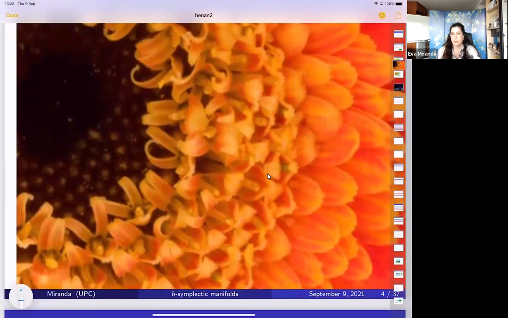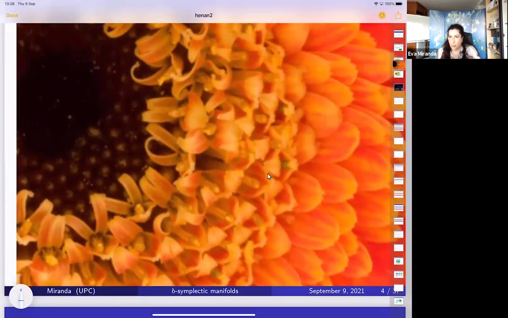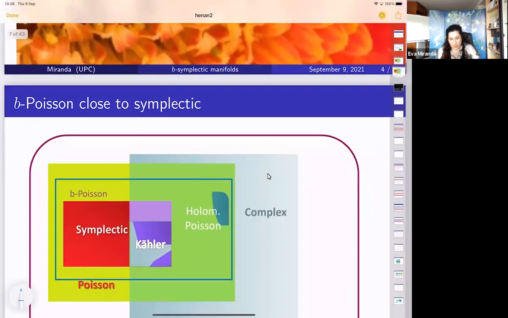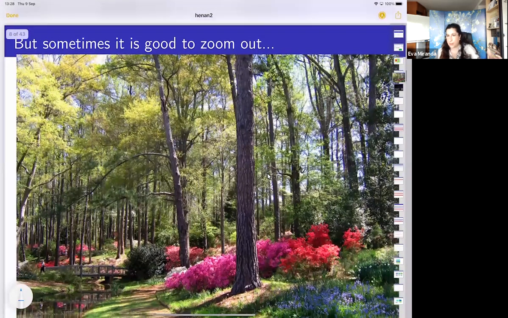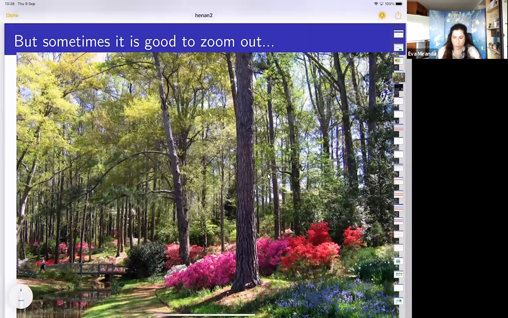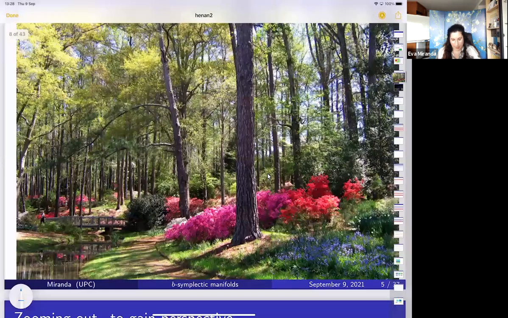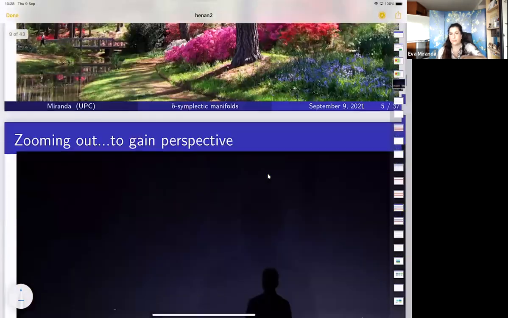Sometimes it's convenient in life, if you want to look at the details of a picture, to zoom in. But when you zoom in too much, maybe you don't recognize that you have a flower and you lose the beauty of the flower. So sometimes it's good to zoom in, but sometimes it's good to zoom out to see this flower as part of a garden. And today we're going to be zooming in and out to gain perspective.